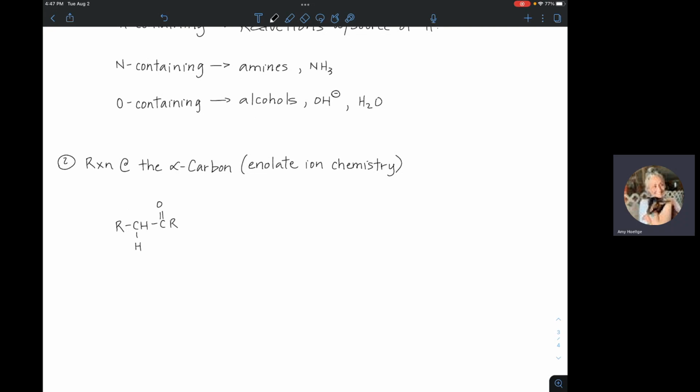I'm going to take a base, and we're just doing this generically right now. We're going to deprotonate the alpha carbon, or in other words, we're going to remove the alpha hydrogen. These electrons are going to go on to the alpha carbon to make a carbanion.